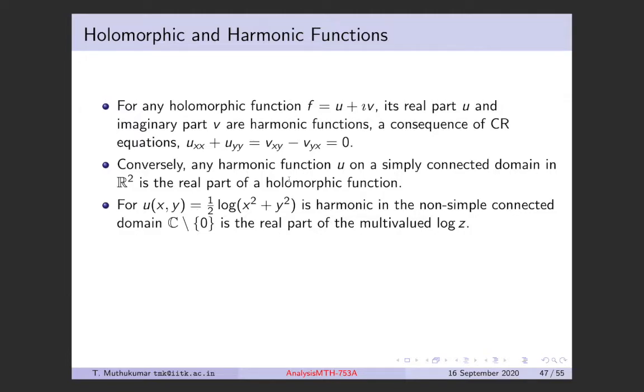In fact, if you are given a harmonic function, you can introduce what is called a conjugate harmonic function, which is the one that you obtain by solving the Cauchy-Riemann equations. So given u, we use the Cauchy-Riemann equations to solve for v, and v will also be a harmonic function, and u plus iv will be a holomorphic function.